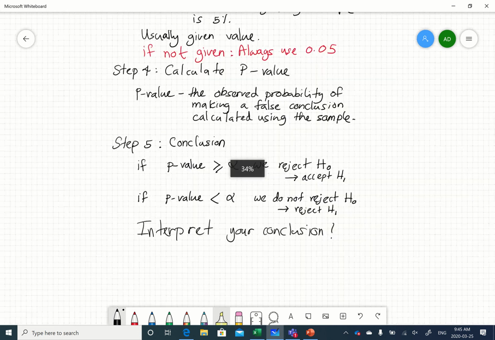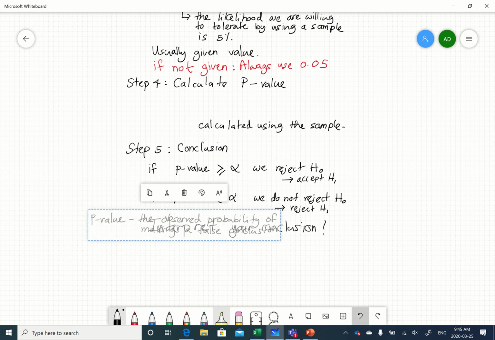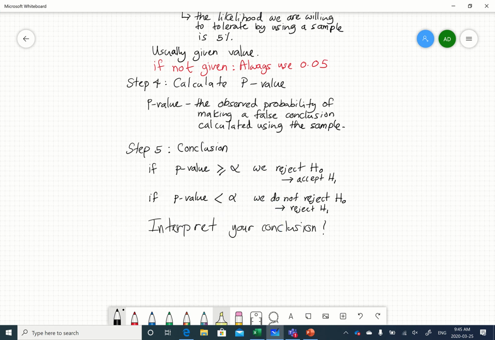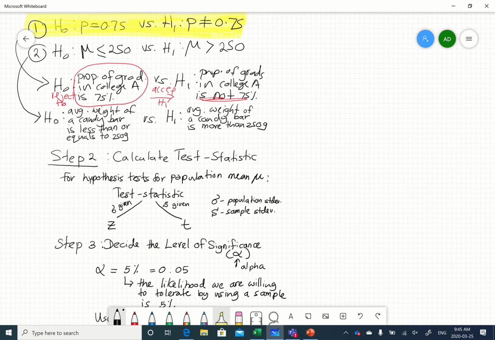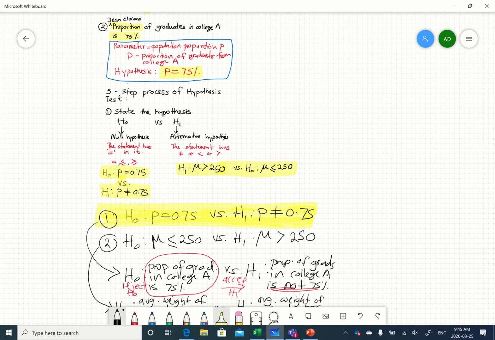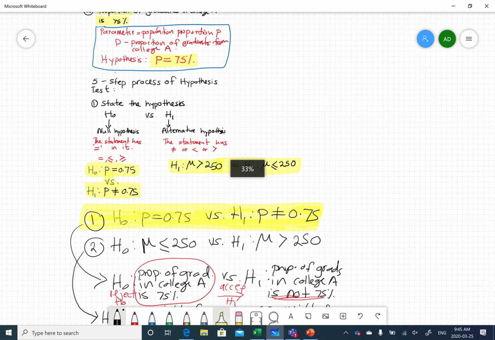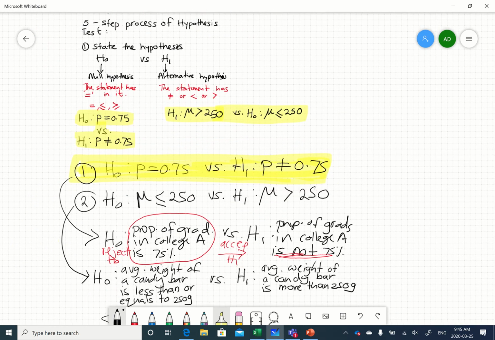So we have 5 steps, right? Going back to the very first one, let's review. Step 1, state the hypothesis H naught versus H1.